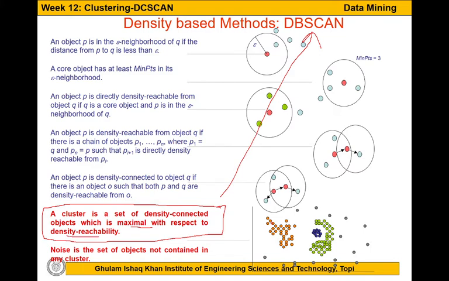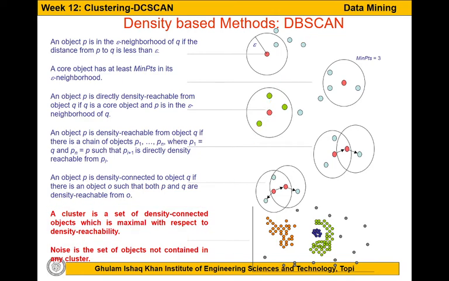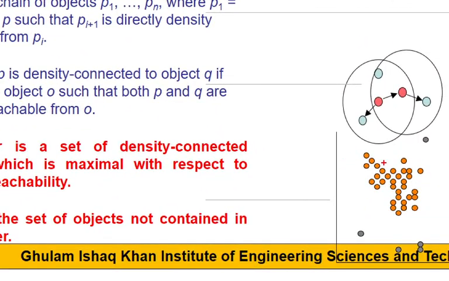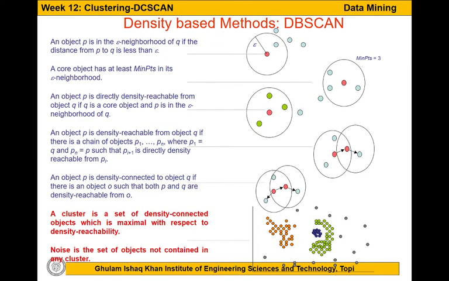So we need to find density connected objects, for example this one and this. Let me change the color, maybe green, for example this one and this one and this one, so that the reachability distance is the maximum. So this will become a cluster using DBSCAN.